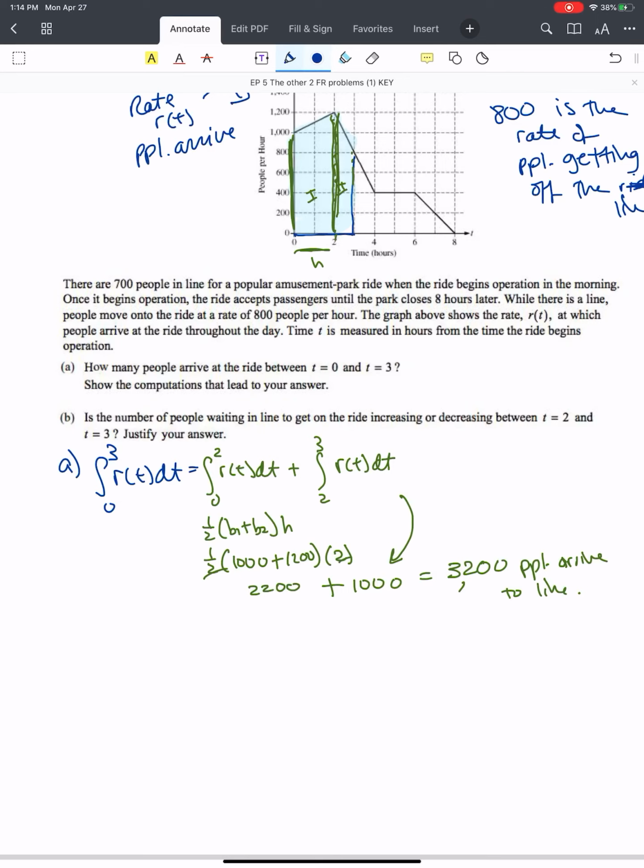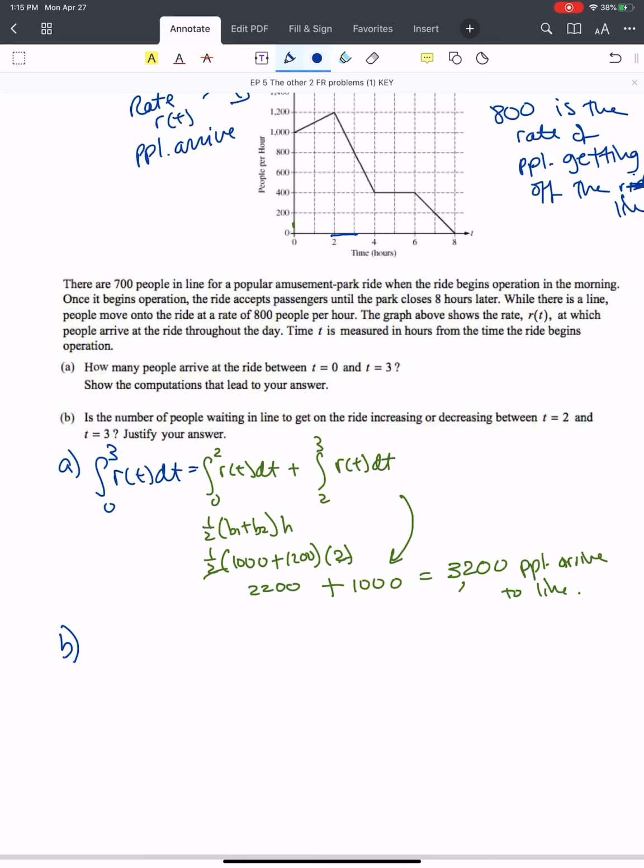I'm going to do this by saying, let's just see. At 2, they're saying between 2 and 3. So that's going to be, I'm just going to erase this. So that's going to be for this area, all right?